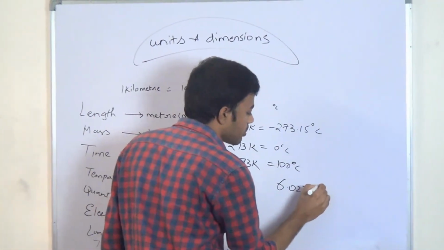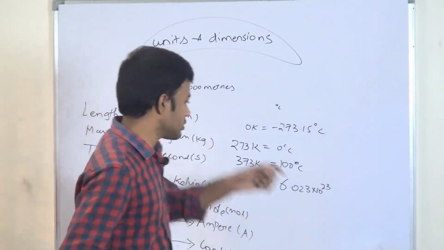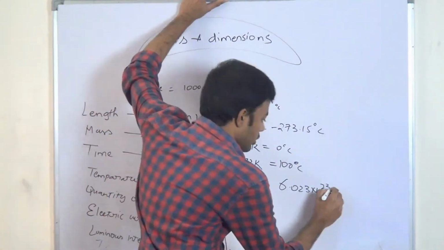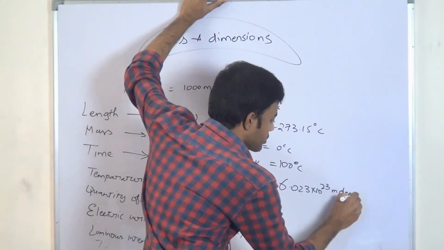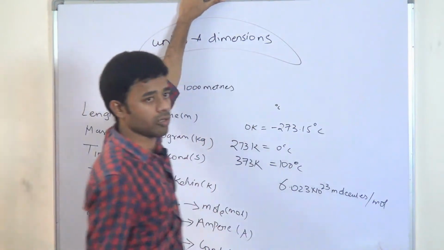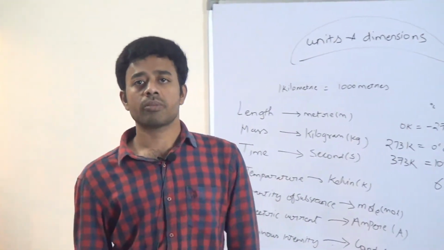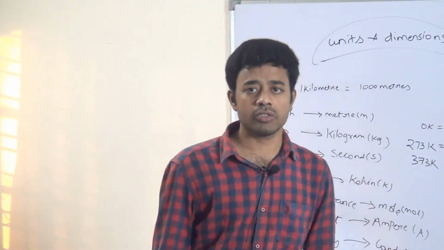It contains nearly 6.023 into 10 to the power 23 molecules or atoms per mole. So in 1 mole of substance, there will be 6.023 into 10 to the power of 23 molecules.